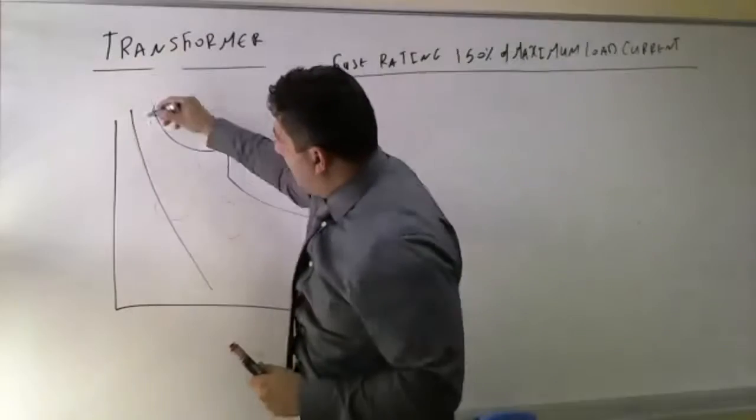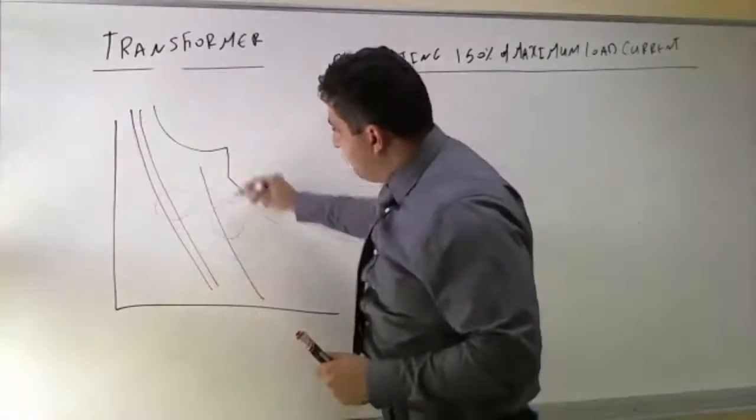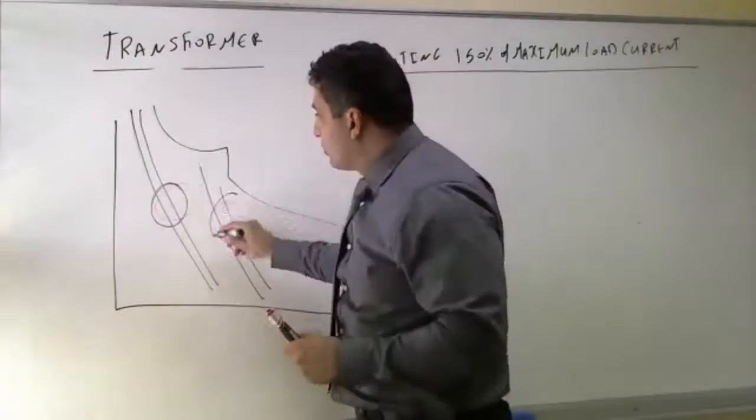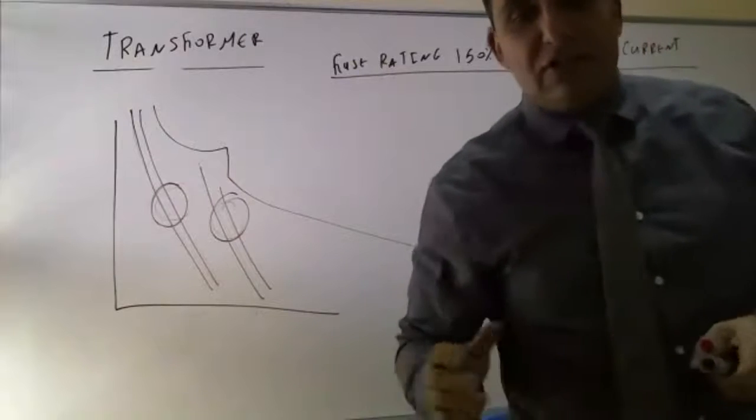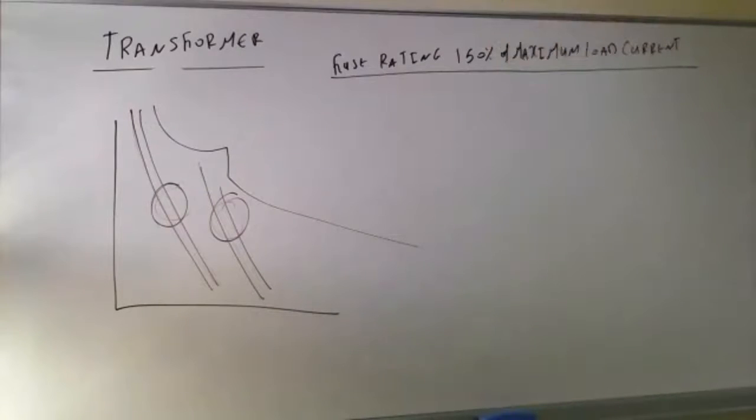I need to make sure that my fuse, whether it's type A or type B, doesn't matter, is within the transformer's fault current capability. That's very, very important to protect the transformer.